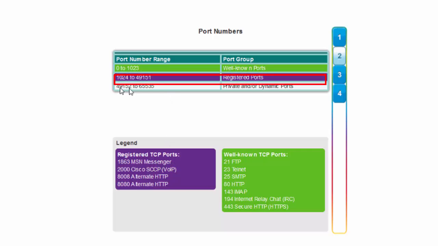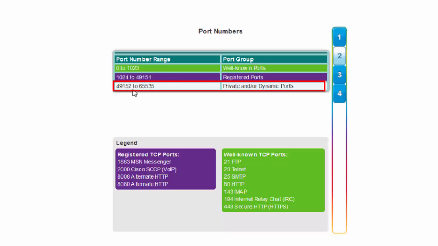The third category here is very important, and this is private and dynamic port numbers, which means that the ports in this range get assigned dynamically by the operating system. So if you open, for example, two browser tabs, each browser tab gets assigned a port number in this range.